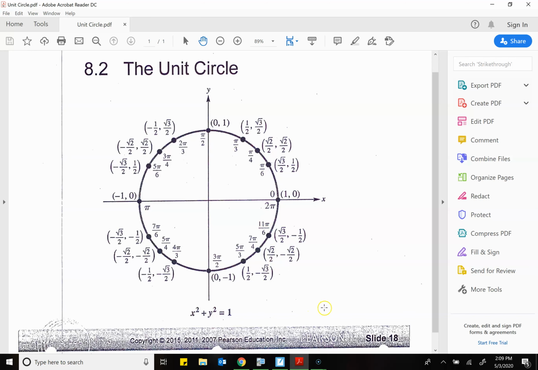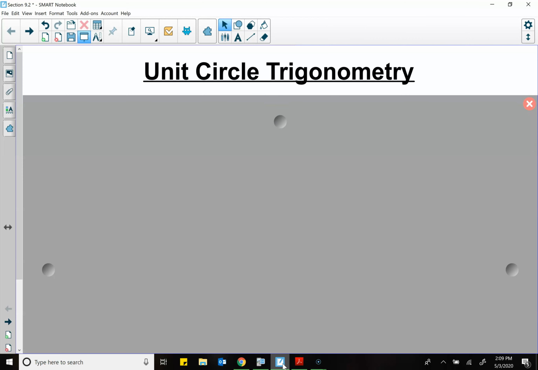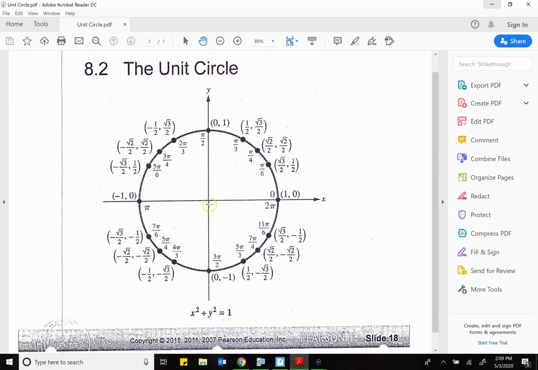Okay? So let's talk about the unit circle. The unit circle has some trigonometric formulas that we're going to look at in a second. The reason we call this a unit circle is because all the angles, the terminal rays and the initial rays that make them from the origin to the side of the circle, all the radii are 1, a distance of 1.